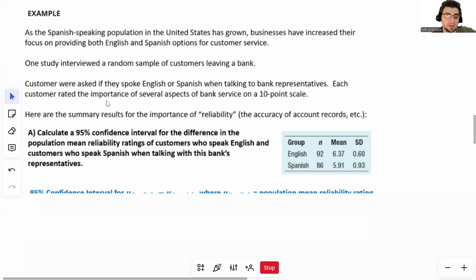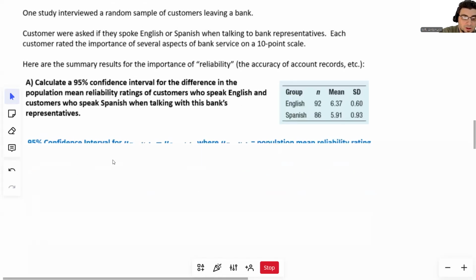Each customer rated the importance of several aspects of bank services on a 10-point scale. And here we have the summary statistics for the importance of reliability, or the accuracy of account records. So we want to calculate a 95% confidence interval for the difference in population mean reliability ratings of customers who speak English and customers who speak Spanish when talking with this bank's representatives.